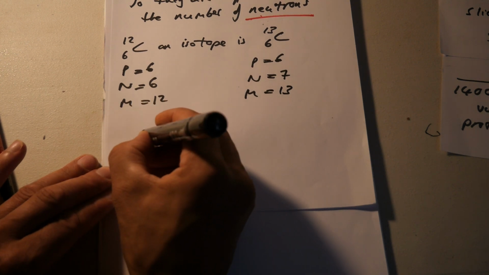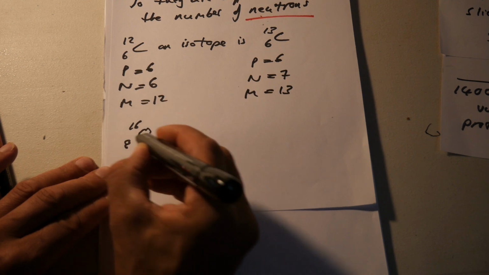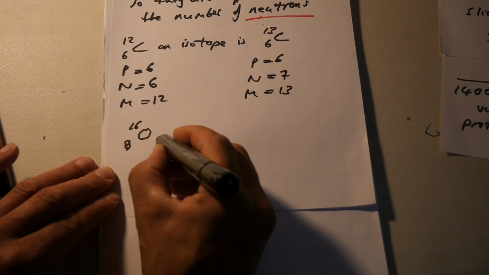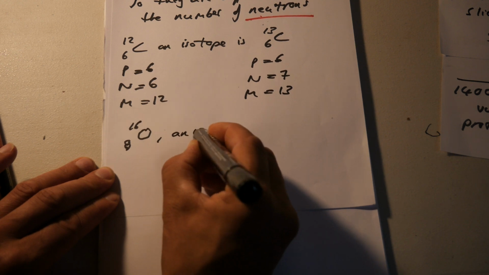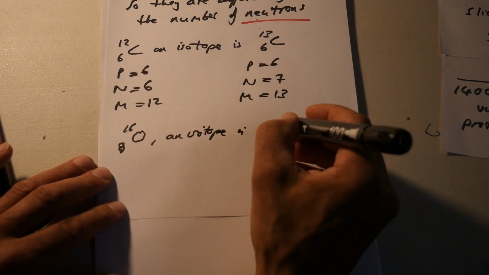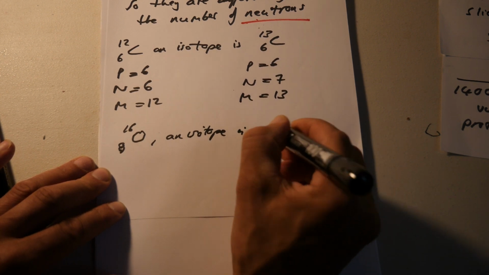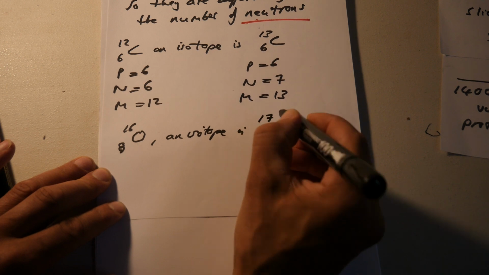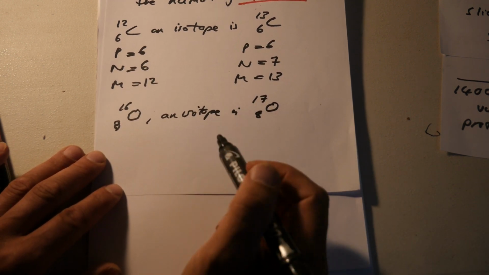Oxygen, so you have 16, 8, and an isotope would be oxygen, it would be 8, okay? But that'd be 17 because it's got one more neutron, okay?